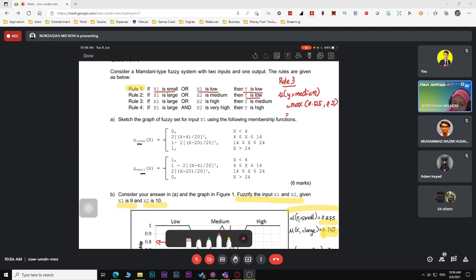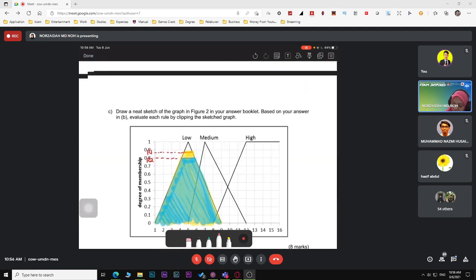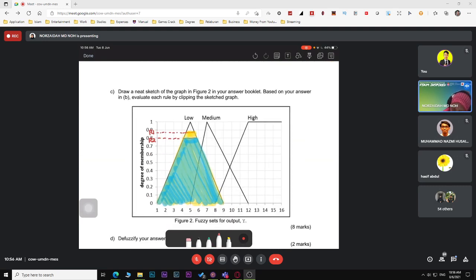So you akan dapat 0.5. Ini adalah y medium. Clear ke? Clear, madam. Ya. So kita tengok dari graph. Y is medium sebanyak 0.5 daripada sini. So you akan clip medium okay, dekat situ. So this is from rule 3.